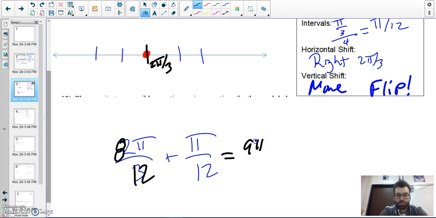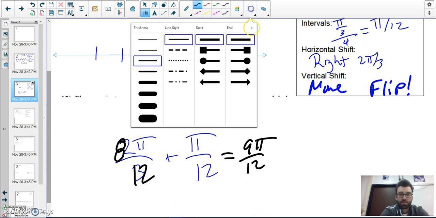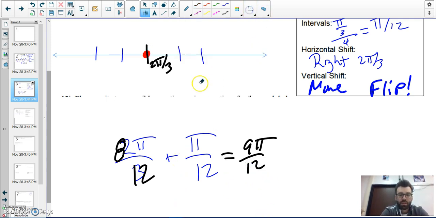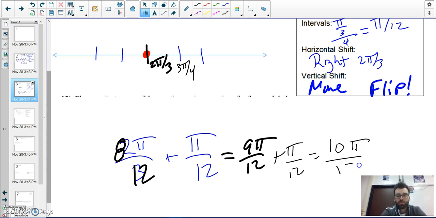So 8 pi over 12 plus pi over 12 gives me 9 pi over 12. I reduce that, and I get 3 pi over 4. Add pi over 12, I get 10 pi over 12. Reduce that.